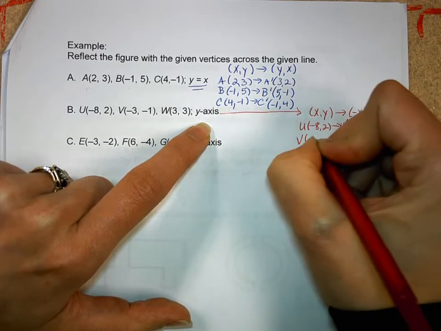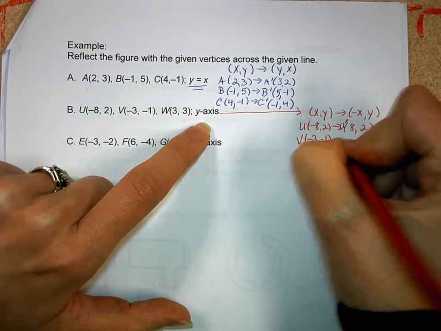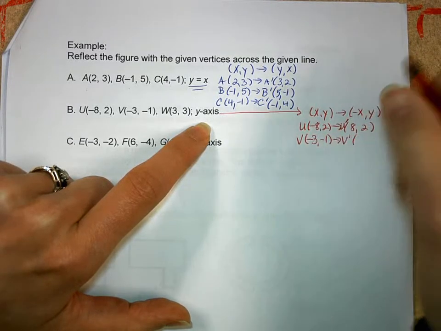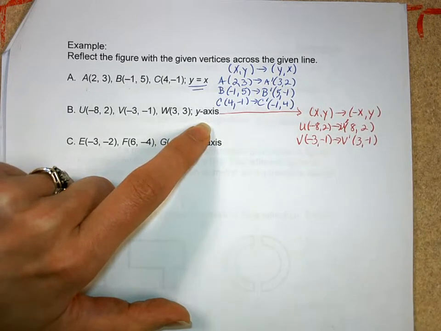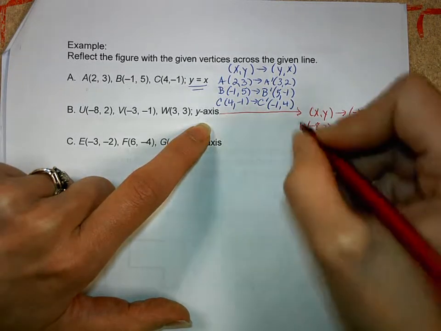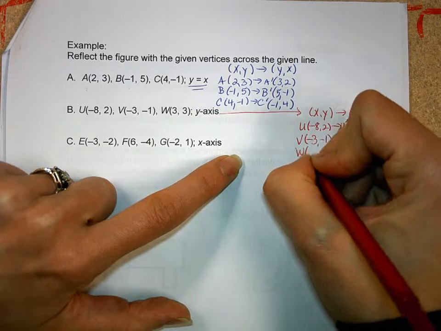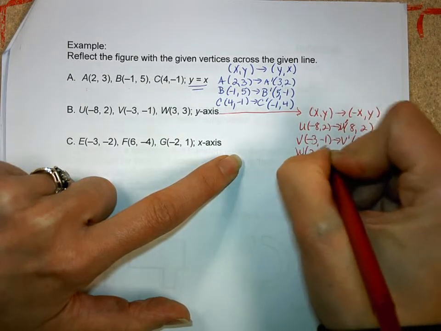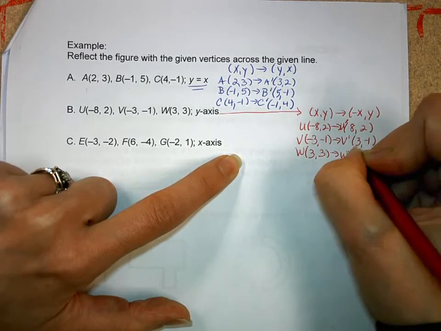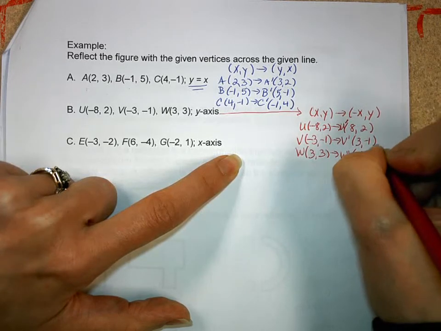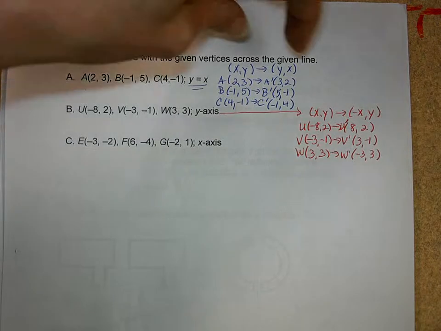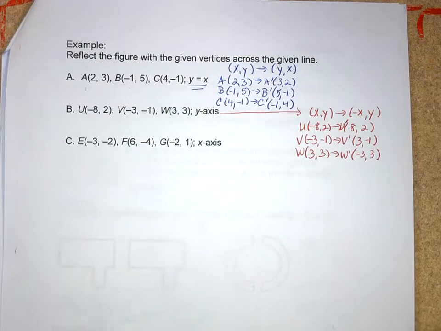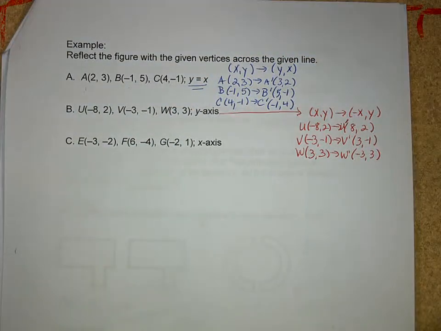My V is at (-3, -1), but V prime is going to be at (3, -1). So notice that x is the only thing changing here. And then we have our W at (3, 3), so W prime is at (-3, 3). Does that make sense? So it shows your mapping. You let me know which one you used, and then it shows me exactly where the pre-image goes to the image point.